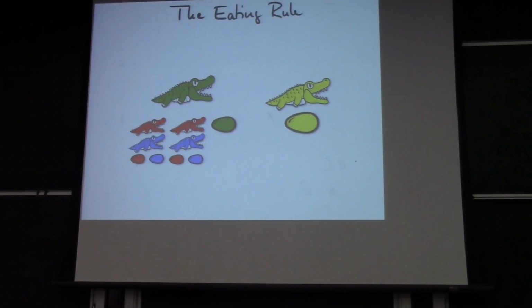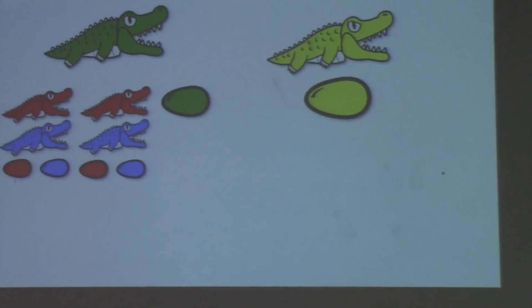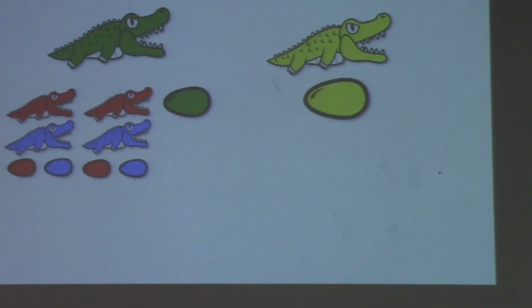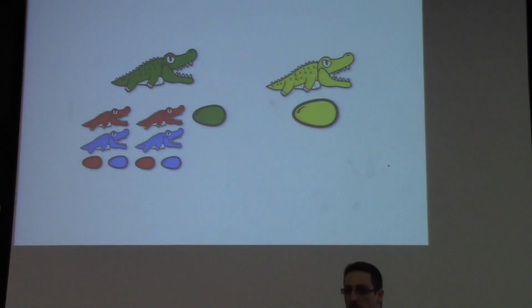Right, so there's the red one. If you look at this family in itself, there's this red alligator, which is to the top left of this row. And this can again eat this family here.